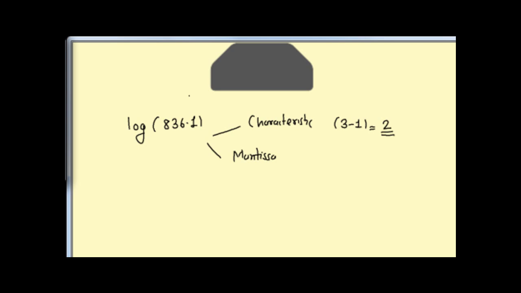And for finding the mantissa, the 4 digits that we have to look up in the log table are 836.1. But in the mantissa we ignore any decimal places, so in the log table we'll find 8361.